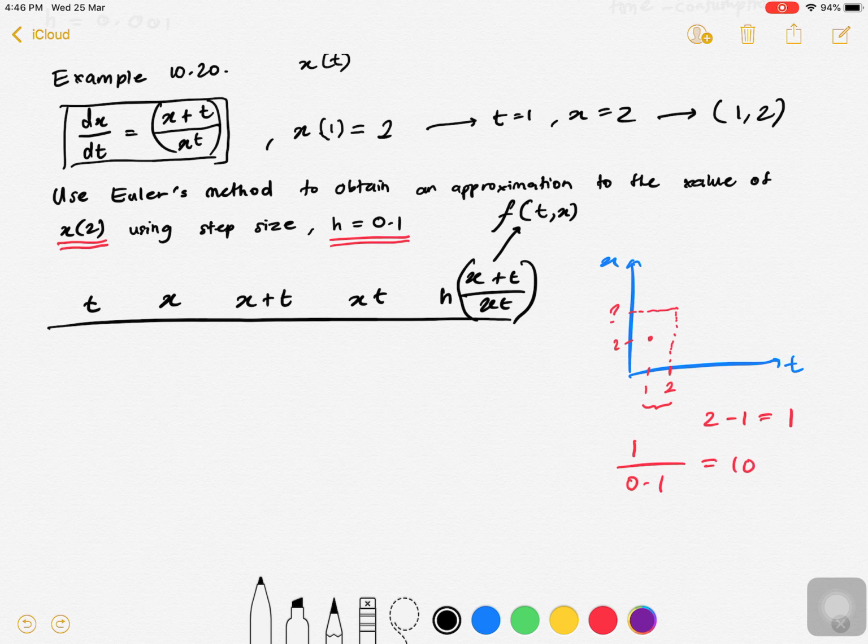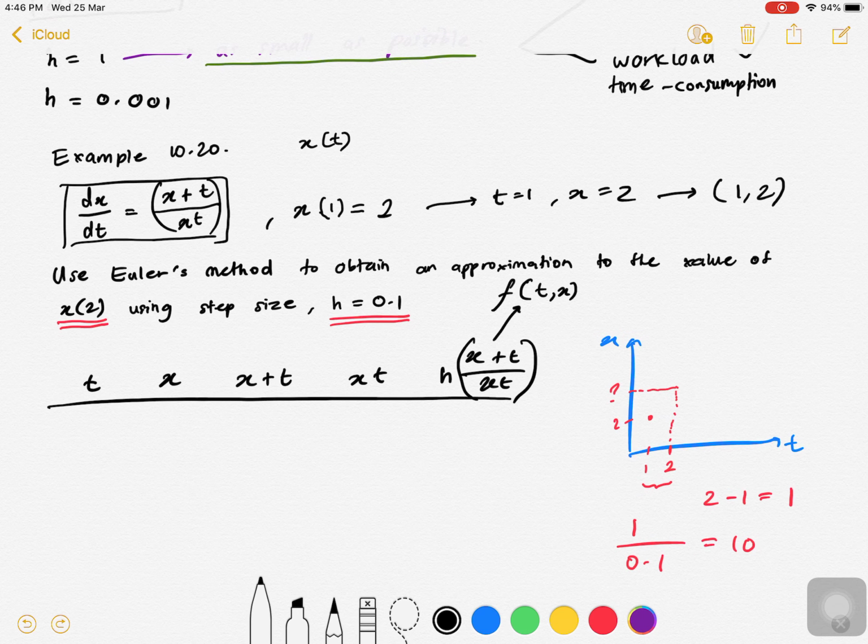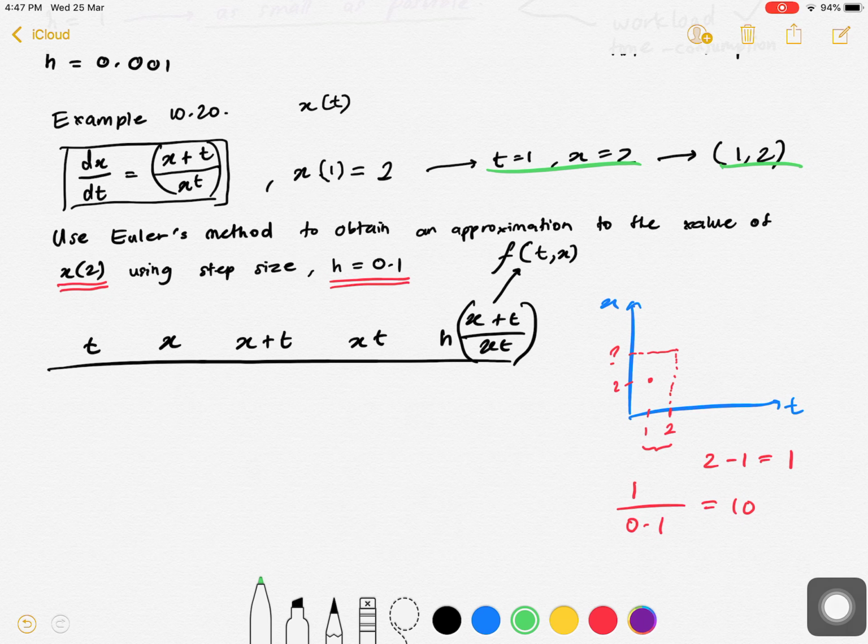For the first step, we know the boundary condition. We put the first value of t, which is 1, and we know that the value of x is 2. You can also do that to simplify your process, or you can just put these two values inside this function.